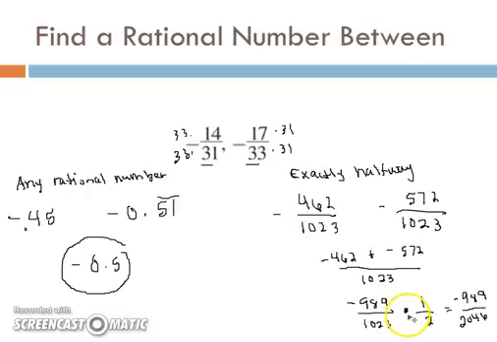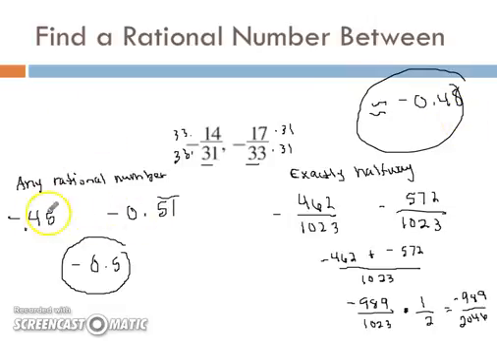So multiplying by 1/2, you end up with negative 989 over 2046. And if you were to convert this to a decimal, you would end up with approximately a negative 0.48, and this decimal, notice, falls between these two decimals.